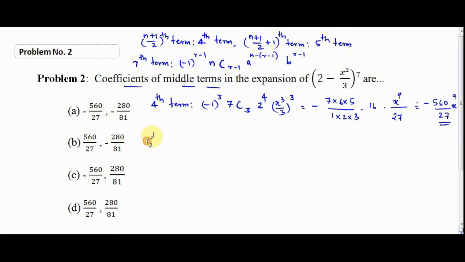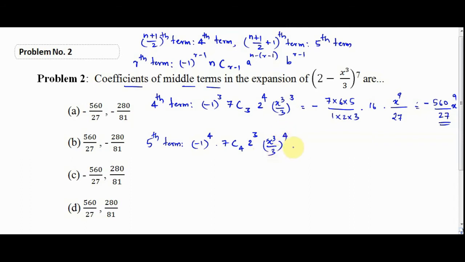The fifth term will be nothing but minus 1 raised to 5 minus 1, that is 4, into 7C 5 minus 1, that is 4, into 2 raised to 7 minus 5 minus 1, that is 7 minus 4, that is 3, 2 raised to 3, into (x cube by 3) whole raised to 5 minus 1, that is 4.